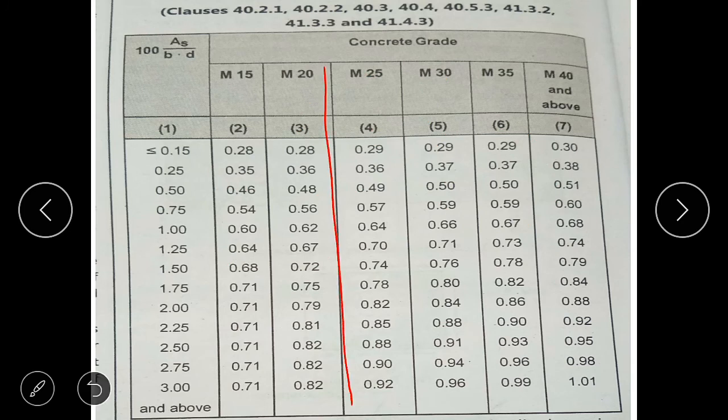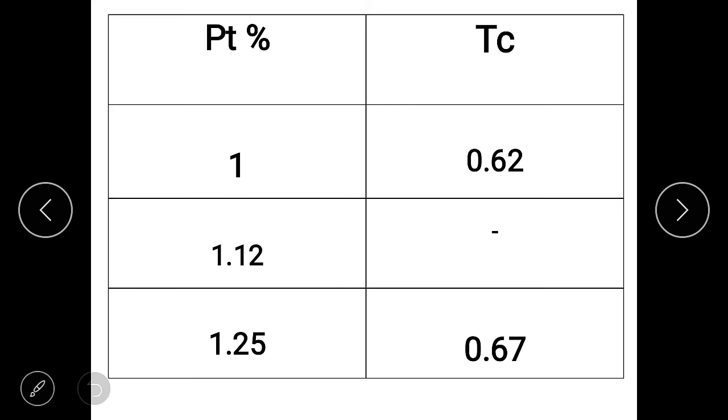M20 grade, the grade of concrete is M20. The value is between 1 and 1.25. The value for 1 is 0.62 and the value for 1.25 is 0.67. We don't know the value of 1.10, so we have to calculate it here. How to calculate?